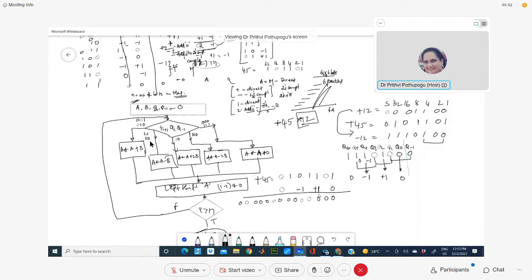So from here we'll start. +1 means it is a direct value, so directly you'll take the value of m. Now the sign extension will be done. Whatever the sign bit value is, the same will be extended towards the remaining bits. This is sign extension. Okay, next iteration is -1.